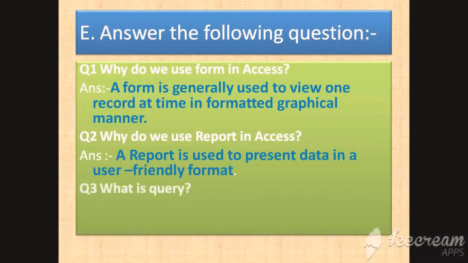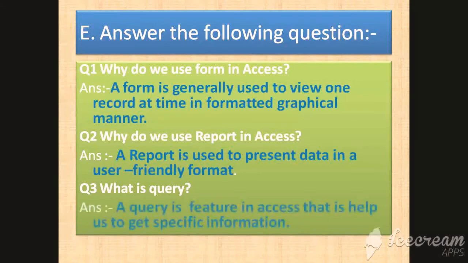Next question, what is a query? In the previous video I explained how query and filtering are different from each other, right? So here the question is, what is a query? You know how to create it, that part I am not discussing. A query is a feature in Access that helps us get specific information.